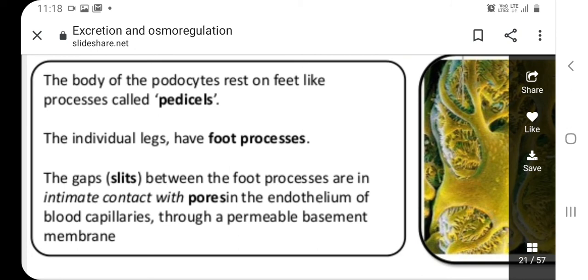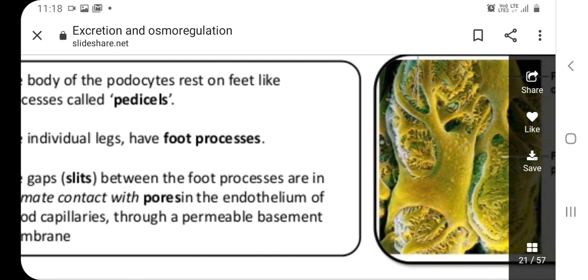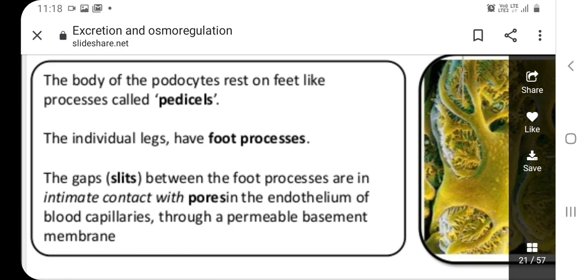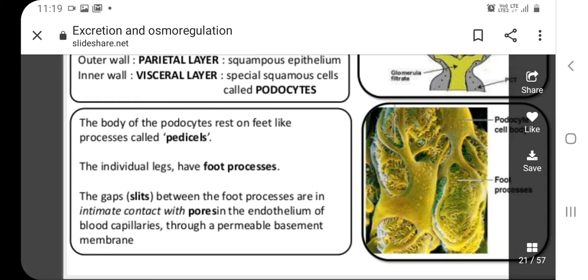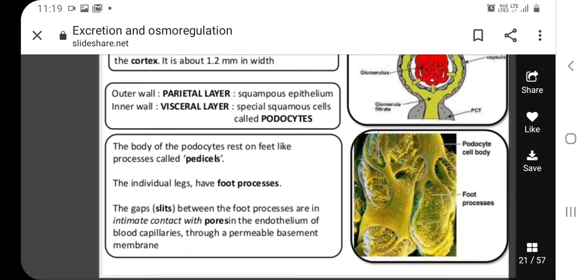The gap between the foot processes are in intimate contact with the pores in the endothelium of the blood capillaries through a permeable basement membrane.